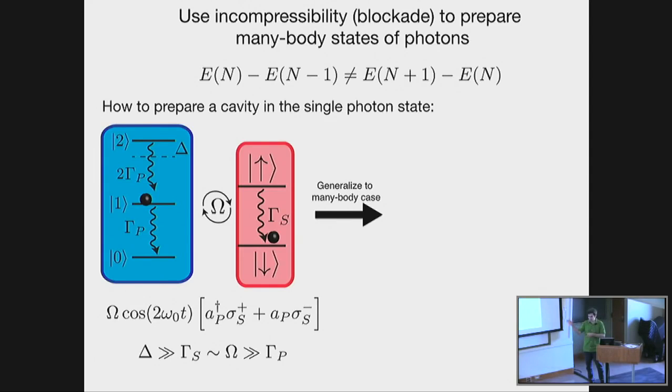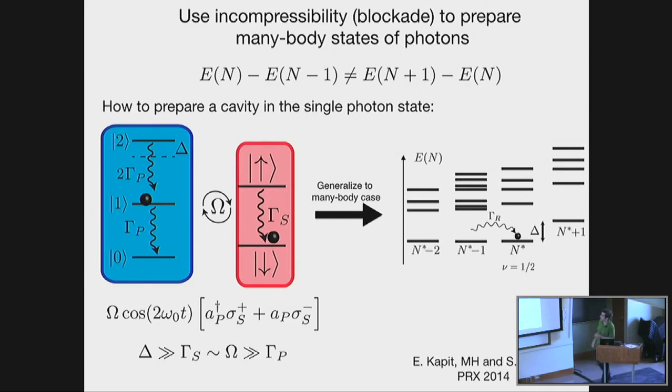So we showed that for a single site, by this auxiliary qubit, we can pump the system and prepare it at a fixed photon number. Okay? Now, the same idea can be applied to the many-body case. In particular, for fractional quantum Hall systems, they're flat with this short-range interaction.